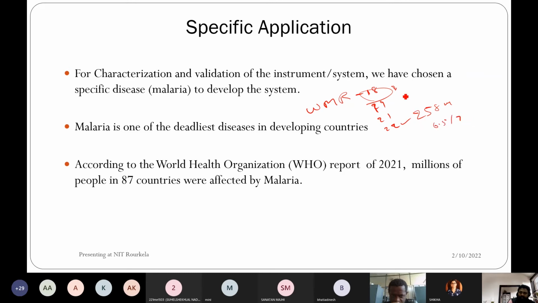Earlier it had come down to 5 lakh. I'm talking about the whole world.